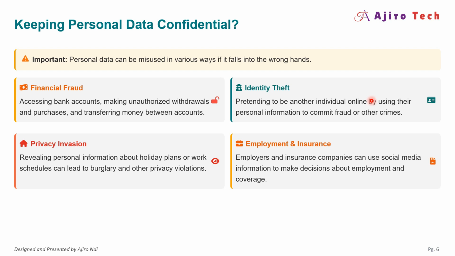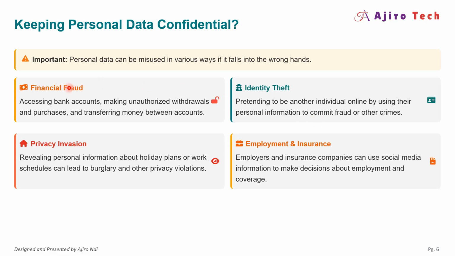Now, if it's organizations, they could even withdraw large amounts of money, or even individuals from their bank account. So, identity theft. What's identity theft? It's when you're pretending to be another person online by using their personal information to commit fraud or other crime.